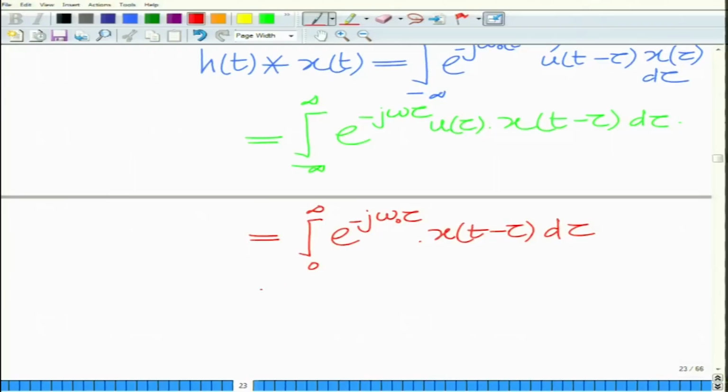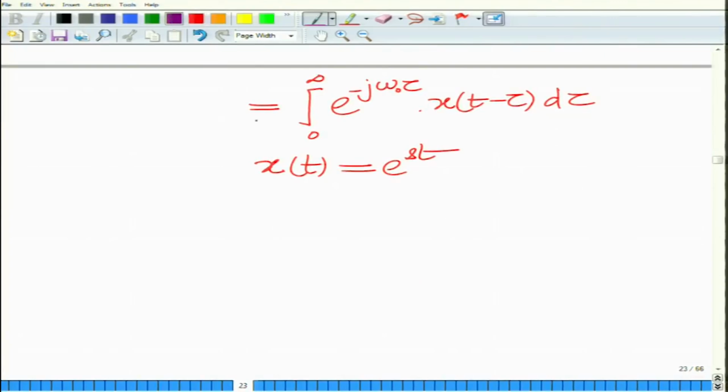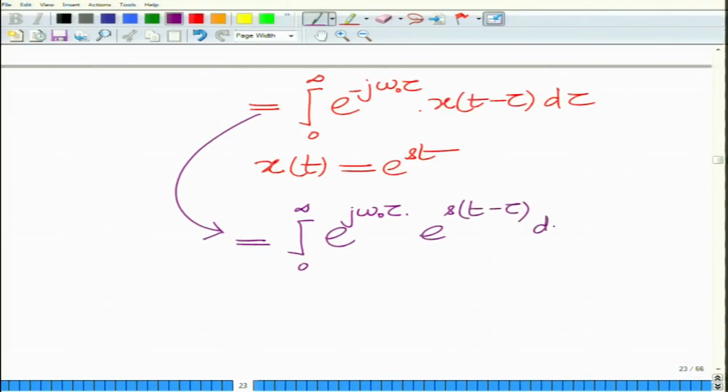And now, I am going to substitute our signal x(t) equals e raised to the power of s t, and therefore, this becomes equal to integral zero to infinity e raised to minus j omega naught tau e raised to s (t minus tau) d tau.